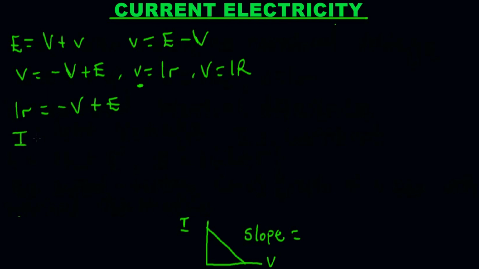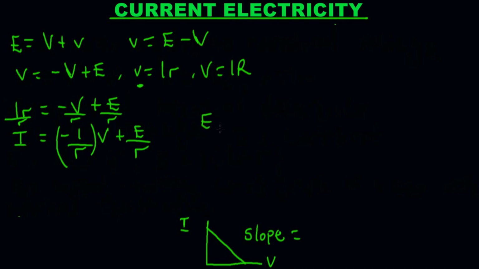I is going to give us minus 1 over r times V, as we divide both sides by r, plus E over r. Now we are going to compare this equation that we have here with the equation of a straight line.